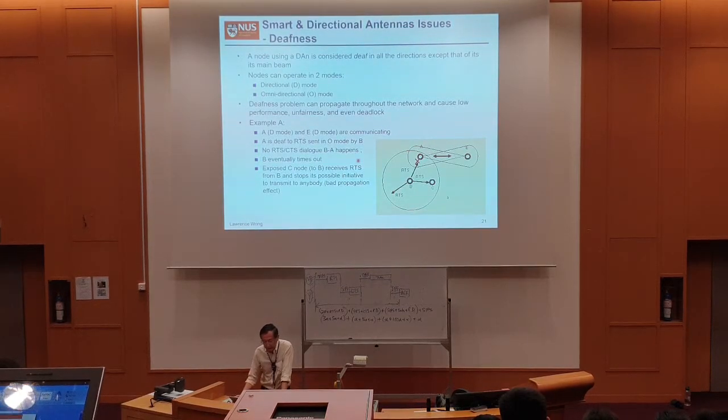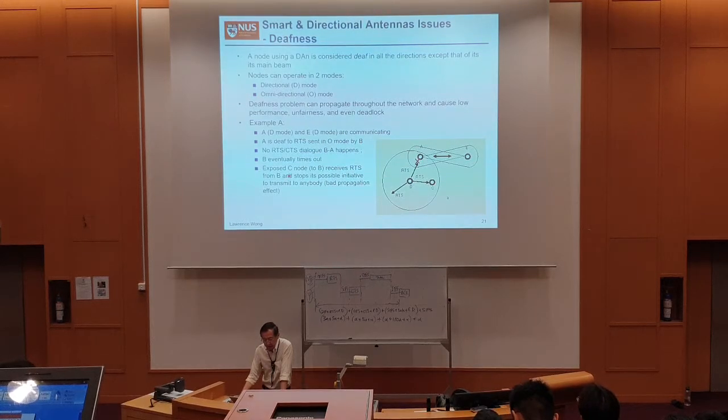Okay? So A is deaf to the RTS sent in omnidirectional mode by B, as you can see here. So because of that, he doesn't hear the CTS coming back. Okay? So it times out and then he has to try again.